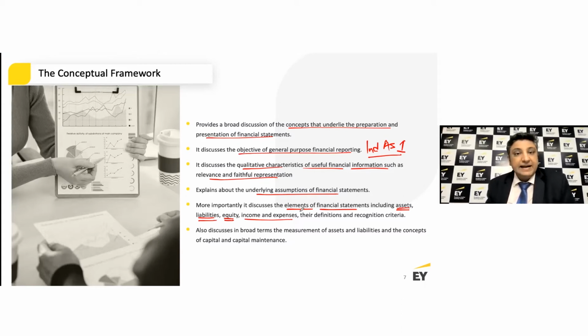How they should be read, how they should be understood, and when they should be recognized, right? So the recognition criteria is also discussed, and then the measurement part of it, along with the concept of capital, something that we talked about, of course, in the introductory framework.